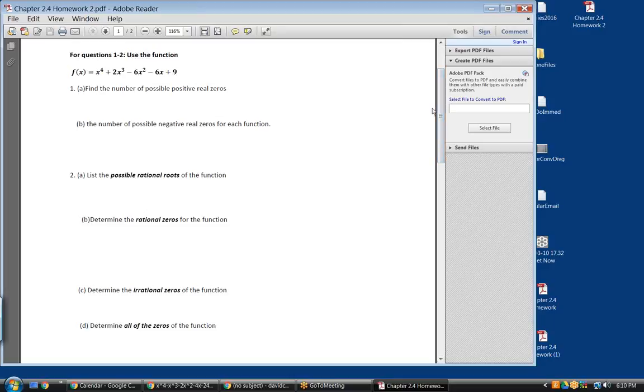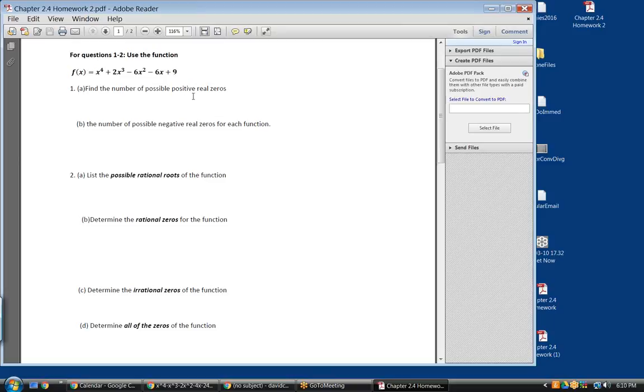Find the number of possible positive real zeros. Well, let's graph it. Because at this point, we know that it probably has 4 zeros. You don't have to have 4 real zeros because some of them can be complex. In other words, we might have 2 real zeros and 2 imaginary, like the last problem.